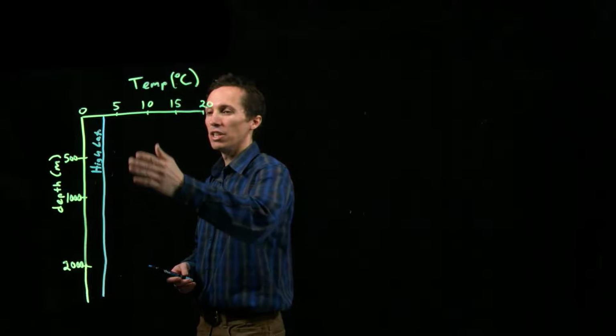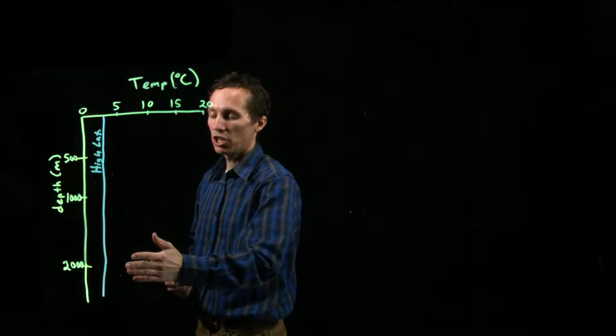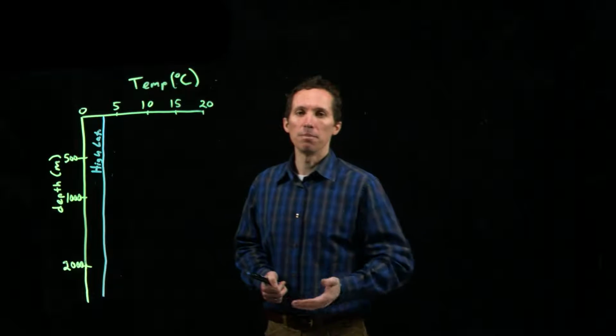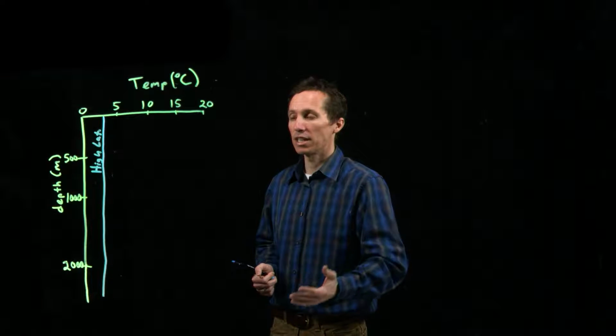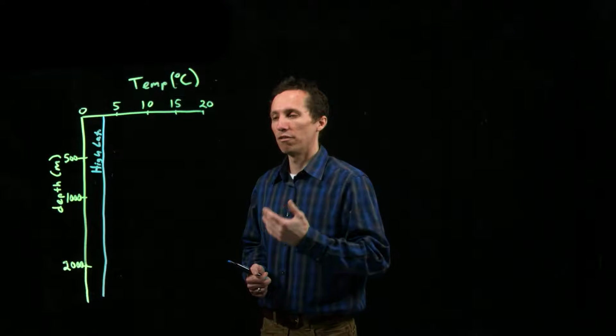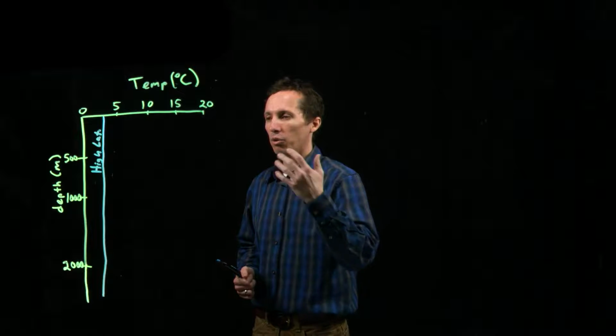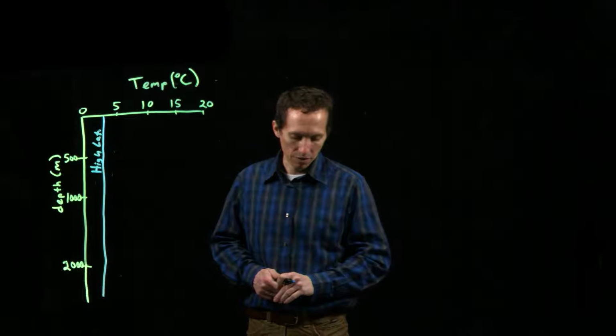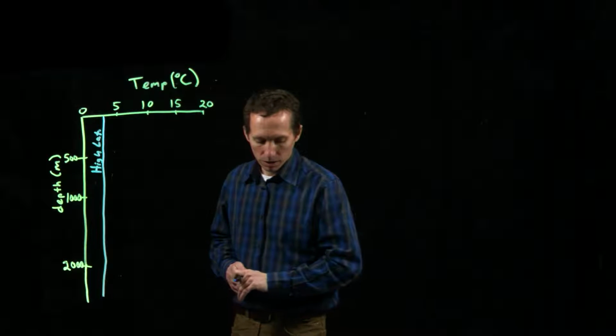This means that there's not actually a lot of stratification in these regions, and that's why we get these deep mixing events in the North Atlantic or the Southern Ocean, for example, where waters can easily overturn and mix down very deep in the ocean.